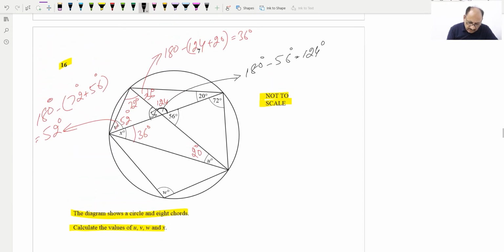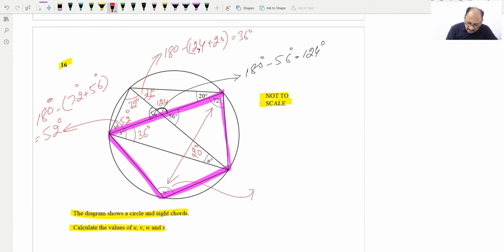For W, we can consider the cyclic quadrilateral. We are considering this quadrilateral as cyclic, which has all four corners at the circumference, and these are the opposite angles, and they add up to 180 degrees.